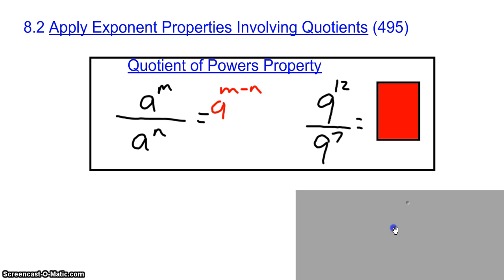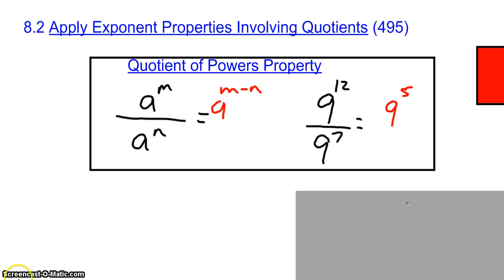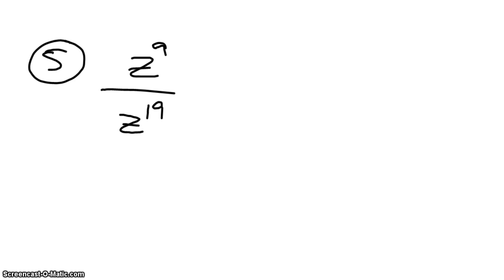And then with a sample, if you want, in your rule box. 9 to the 12th over 9 to the 7th. Sabrina? Good job, she subtracted.